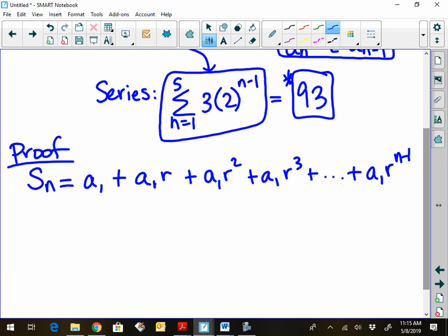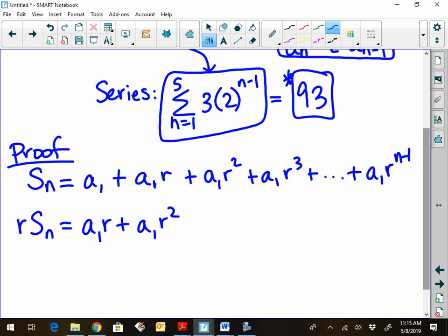Then I can have that same thing, but what I'm going to do with it is multiply that whole set of values by r. So if I have r times S sub n, then I would have a sub 1 times r plus a sub 1 times r squared, right?